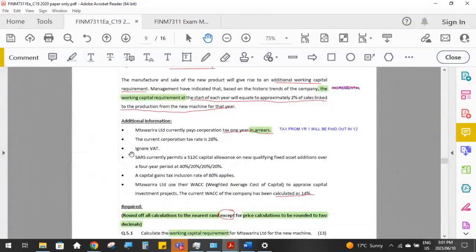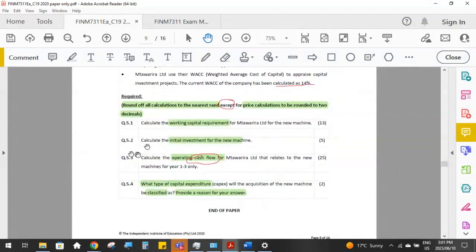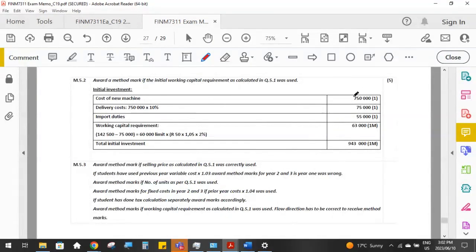And then they asked us to calculate the initial investment, the total initial investment for the new machine. So this here is the investment for the actual machine itself, and then part of the initial investment is our additional investment in working capital.